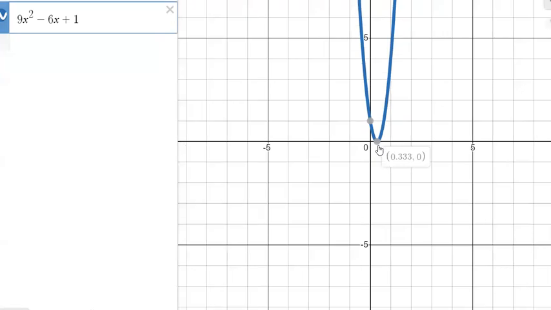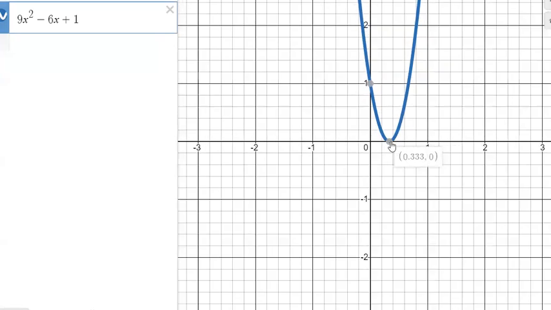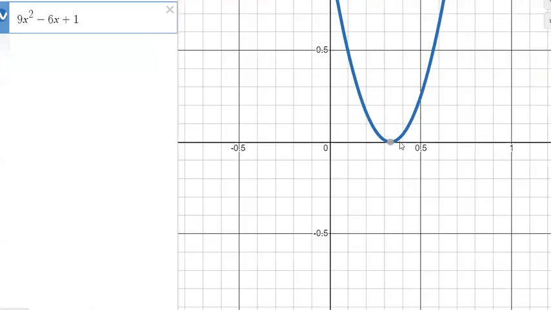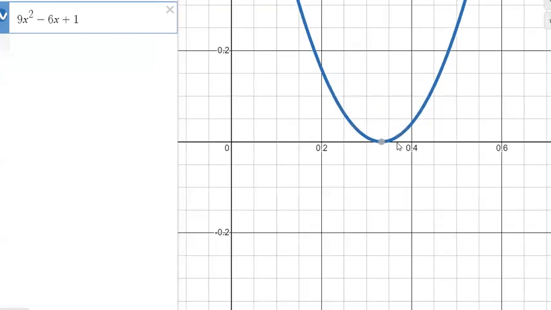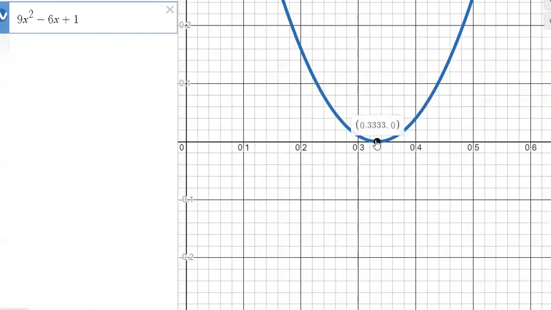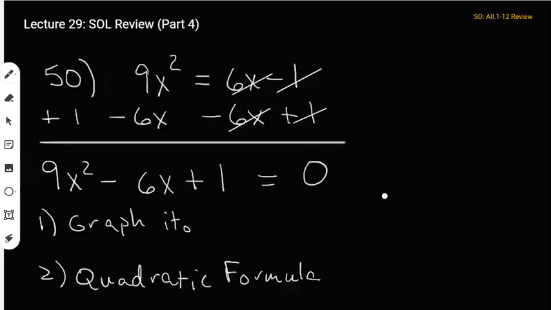So now, how many roots does it have? Well, if I zoom in on it, how many times does it cross the x-axis? Just once, at 0.3 repeating. So that's going to be 1/3. So x is going to be 1/3. And since it only crosses once, that means that it has exactly 1 real root.